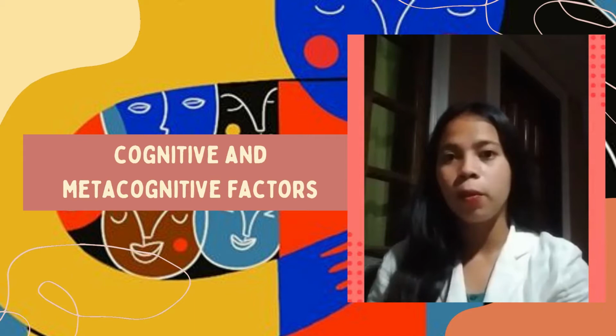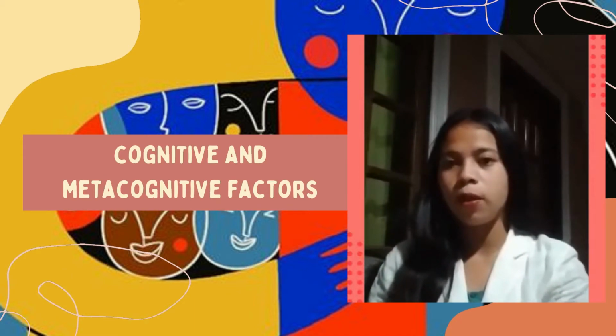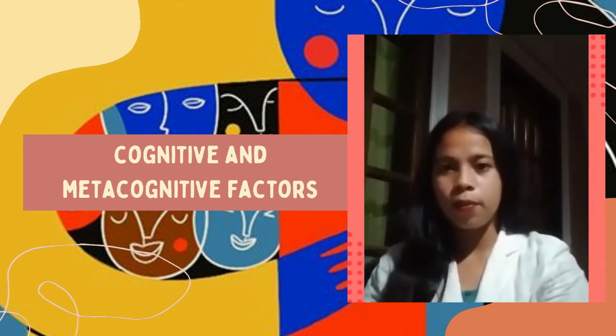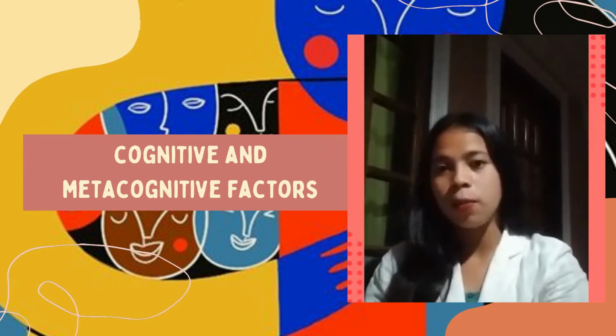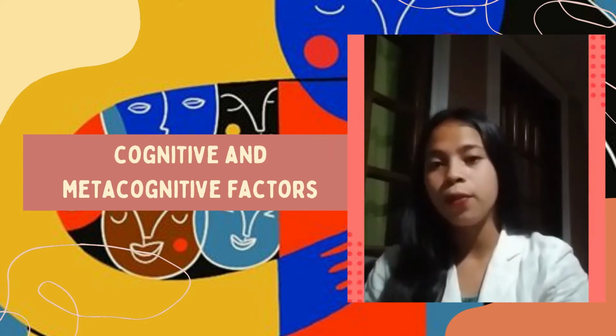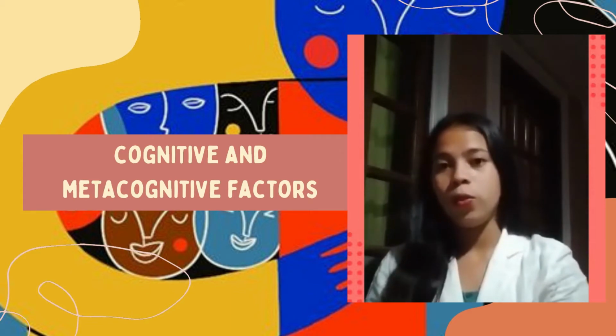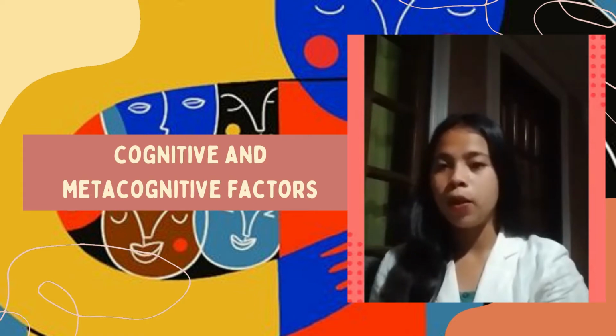Principle number 1, nature of the learning process. The learning of complex subject matter is most effective when it is an intentional process of constructing meaning from information and experience. Principle number 2, goals of the learning process.